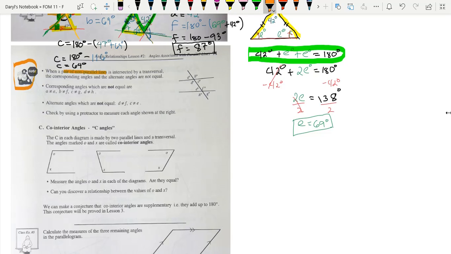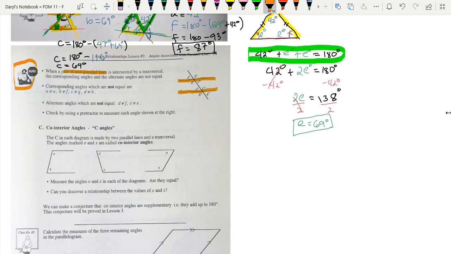So if you can see here, these are the two non-parallel lines. Okay, so I think it's quite obvious that they're not parallel.